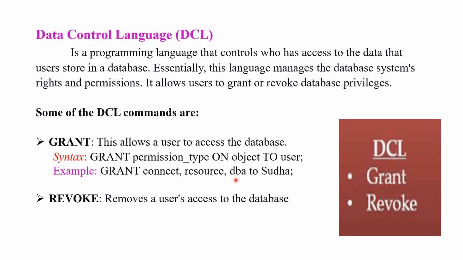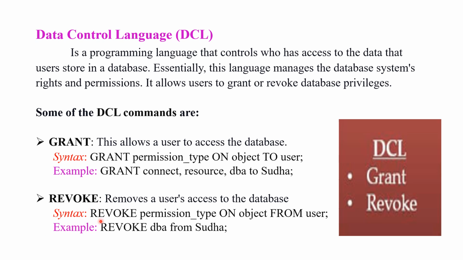DBA is nothing but database administrator. So for the user Sudha, we are giving the accesses like Sudha can connect to the database, they can allocate the resources for the database, as well as we are declaring Sudha as the database administrator.